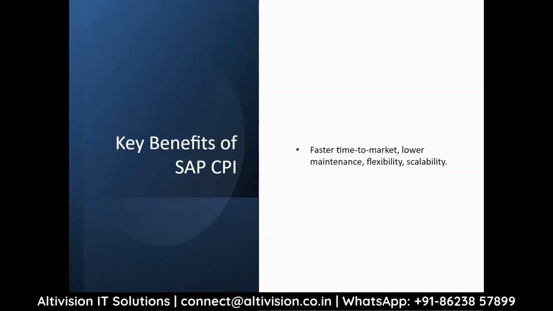This is something very basic to understand: whenever a CPI integration is triggered to run, it tries to connect with the source system. It first goes to the source system, asks for data, gets it into the middleware, transforms it, and then sends it to the target system.